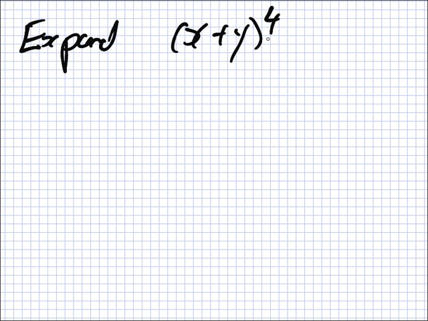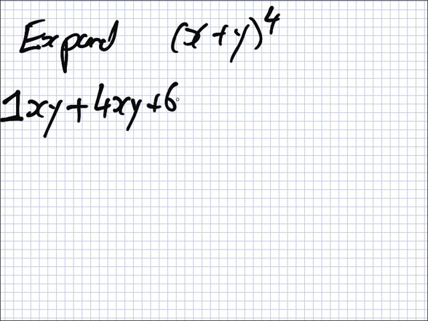So looking at row 4, tell me what the numbers are. So what you do, you write down 1 xy plus. What's the next number? 4 xy plus. The next number? 6 xy plus 4 xy plus 1 xy.